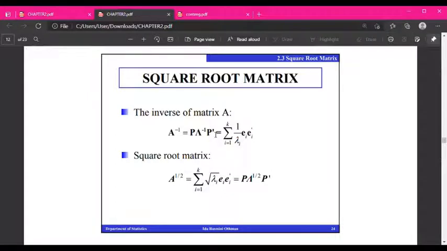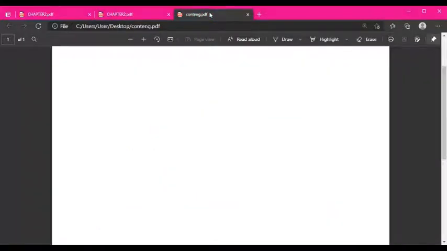So dia punya matrix akan jadi sebenarnya diagonal matrixnya akan jadi sebelum ni big lambda adalah diagonal matrix of lambda 1, lambda 2, lambda 3 and so on.